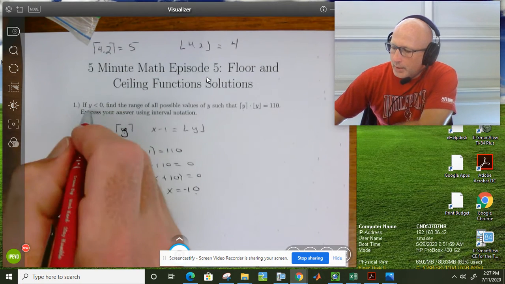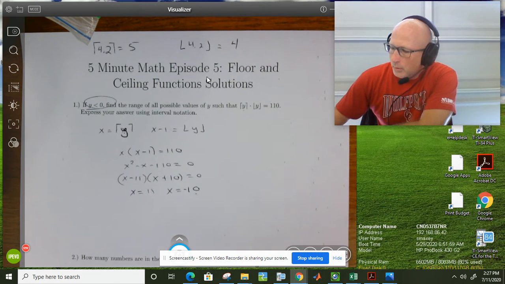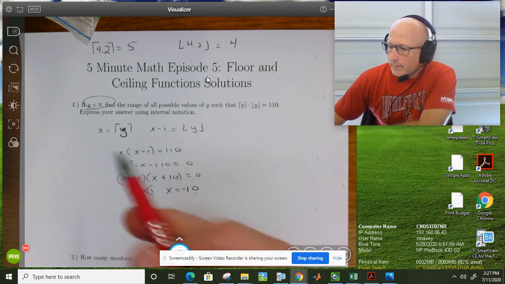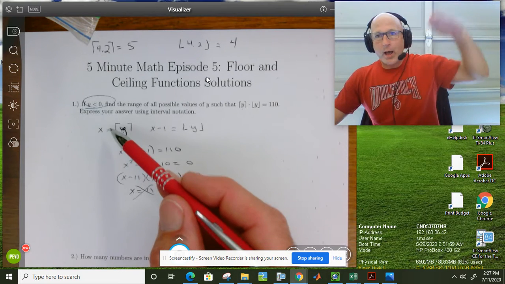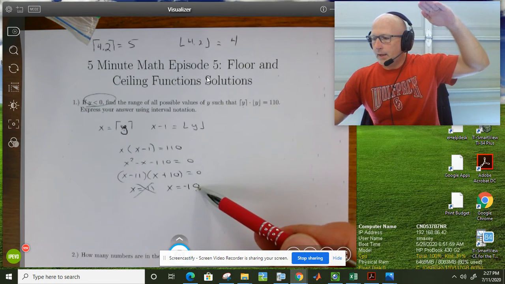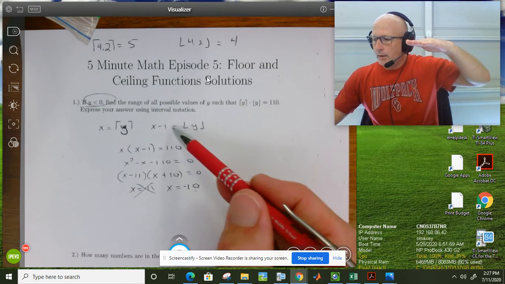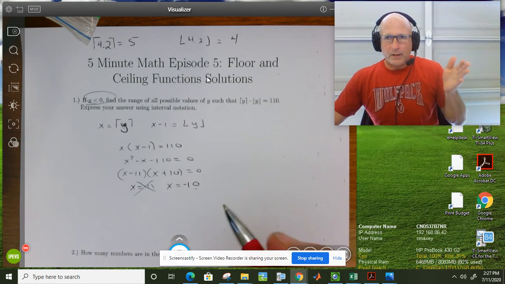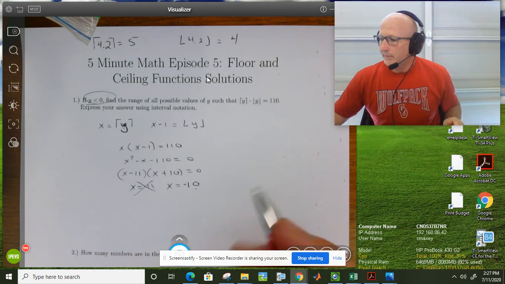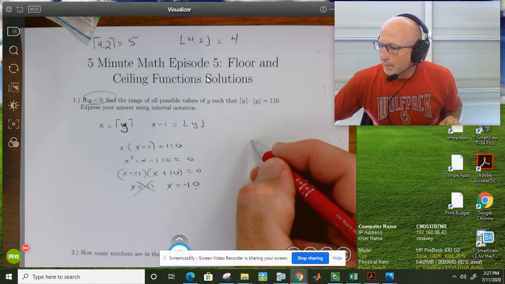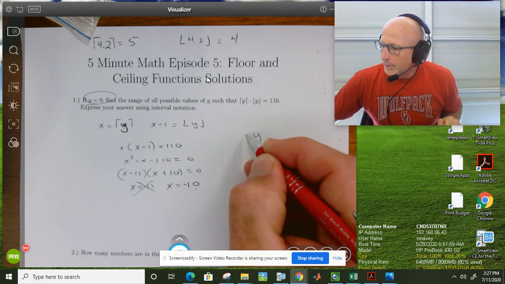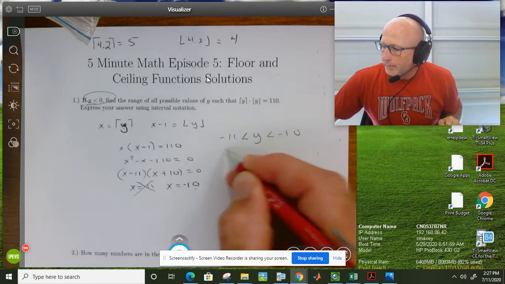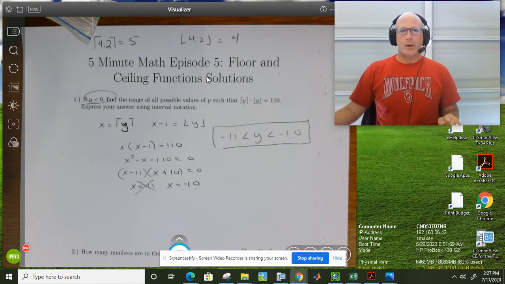Now, y has to be less than 0, which means I can disregard 11. So when I take some value and go up, it's going to go to negative 10, and when I go down, it's going to end up at negative 11, because negative 10 minus 1 gives you that. So I'm bouncing between negative 10 and negative 11. So my y value has to be bigger than negative 11 but less than negative 10. And there we are.